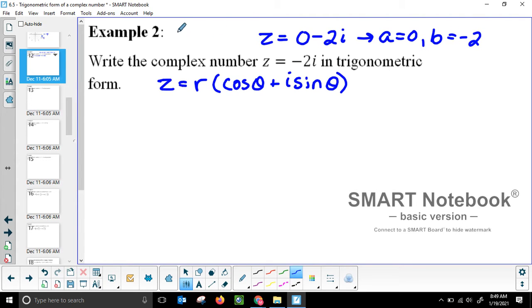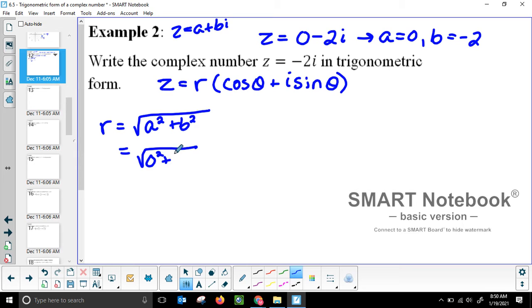And that, of course, comes from z equal to a plus bi, the standard form or rectangular form of a complex number. We know that r is equal to the square root of a squared plus b squared. So in this case, that is the square root of 0 squared plus negative 2 squared. 0 squared is 0, negative 2 squared is 4, 0 plus 4 is 4, so r is equal to 2.